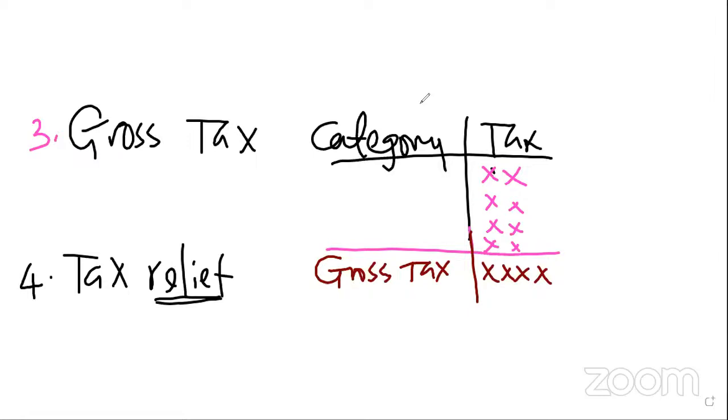Remember, you relieve the tax, not income. I've seen some students who take the gross income and then they remove relief from there. No, salary is not a burden. So you cannot relieve yourself salary, but we relieve tax.